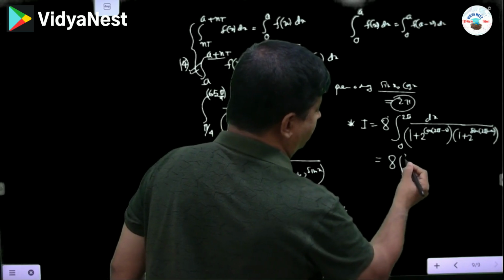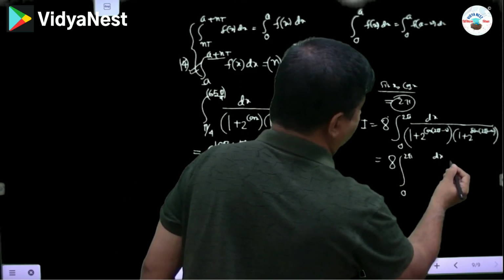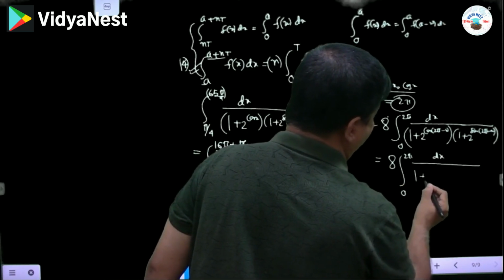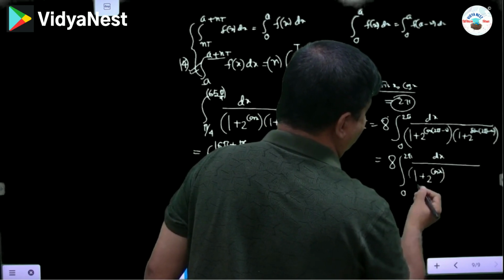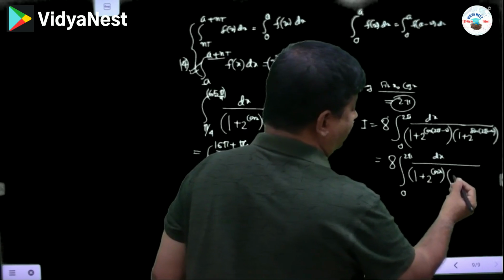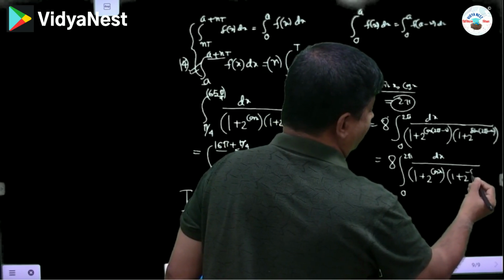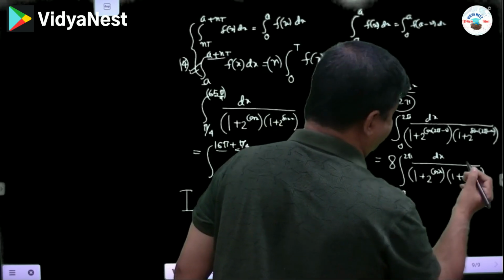See, 0 to 2 pi, 1 plus 2 to the power cos(2 pi minus x). Cos x will remain only. But here, 2 to the power minus sin x.